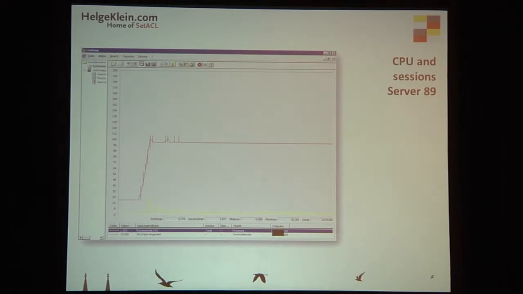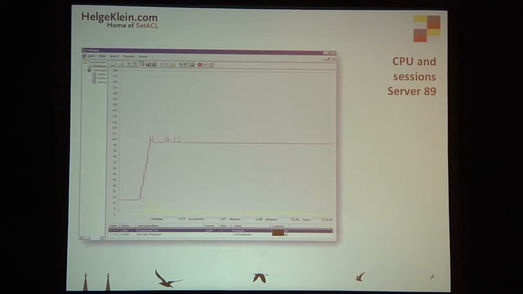The user count is increasing and then relatively constant, and a little bit of CPU load during the morning logon phase, and after that, next to nothing. So the data from the second system confirms what we saw on the first system, but we don't know yet: are these exceptions, or are all servers like that?